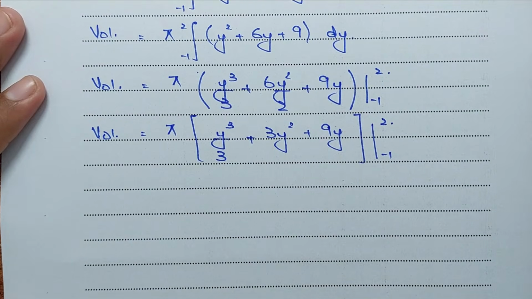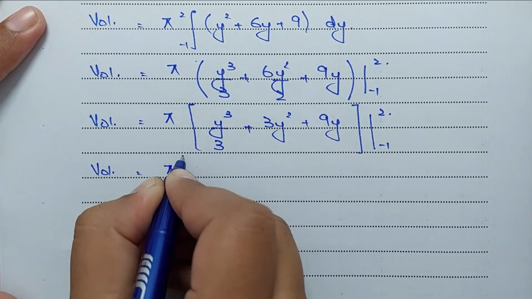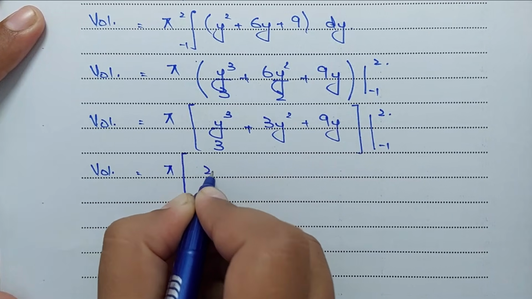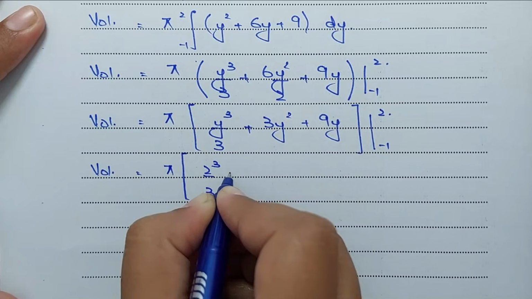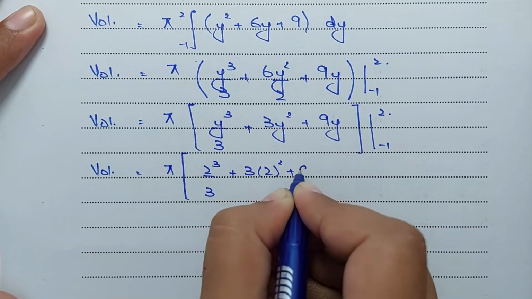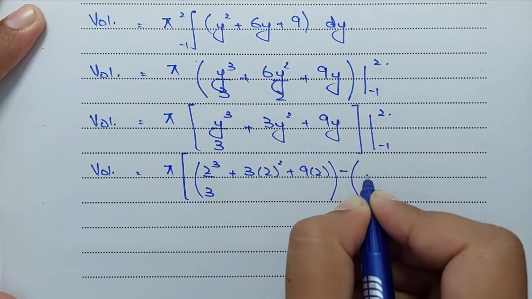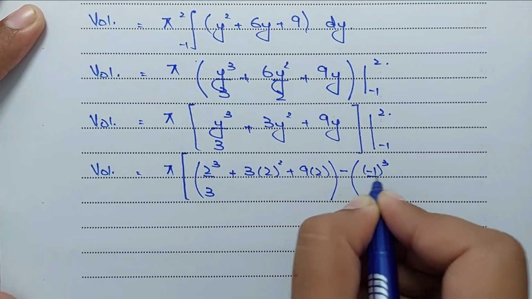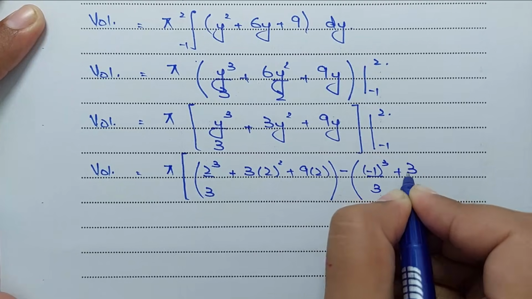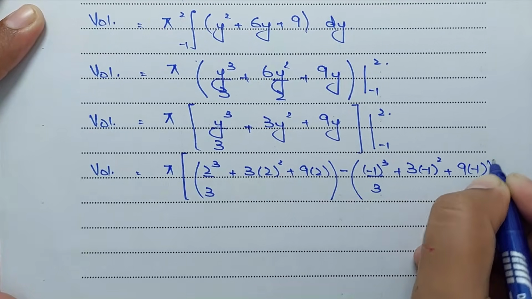The upper limit is 2: 2 cubed over 3 plus 3 times 2 squared plus 9 times 2. Subtract the lower limit: minus 1 cubed over 3 plus 3 times minus 1 squared plus 9 times minus 1.